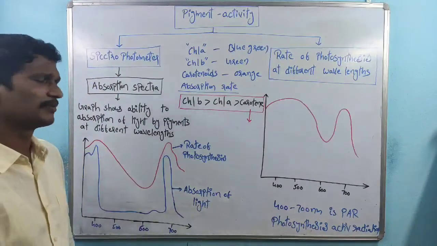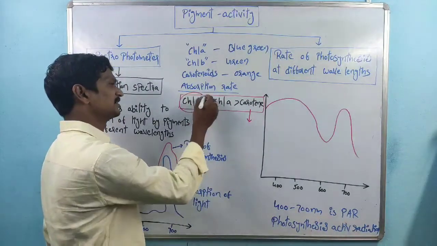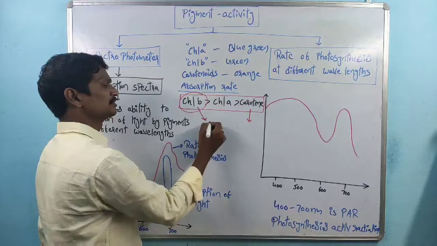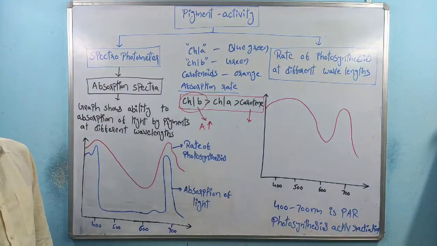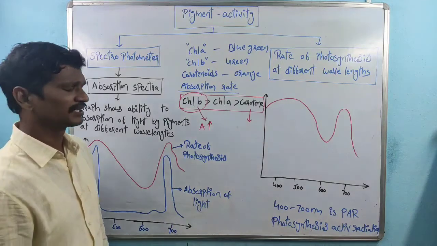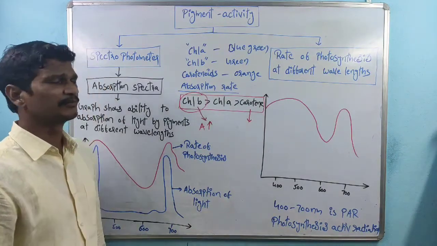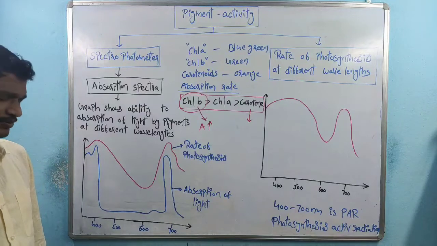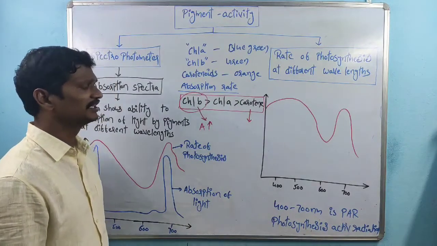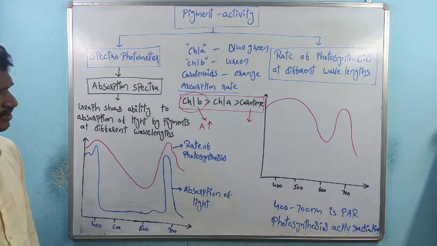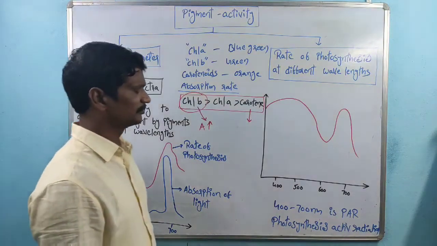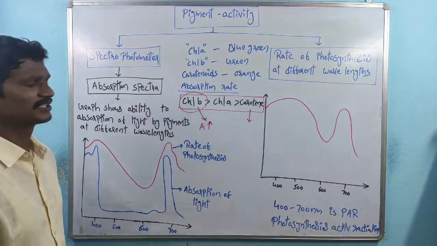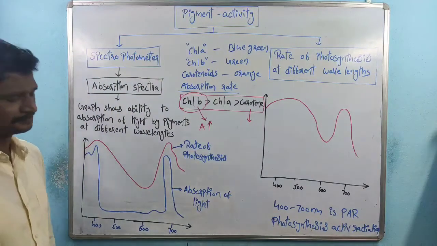So among all these pigments, the maximum absorption is exhibited by chlorophyll B, and the least absorbing pigment is the carotenoids. So that is about the different types of pigments. Within the pigments, if we compare the rate of absorption, more light is absorbed by chlorophyll B.